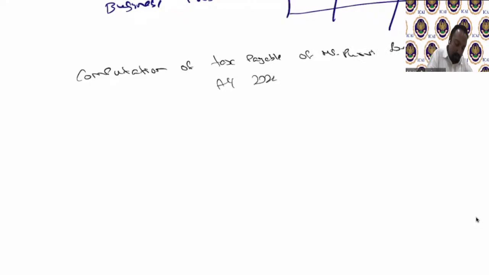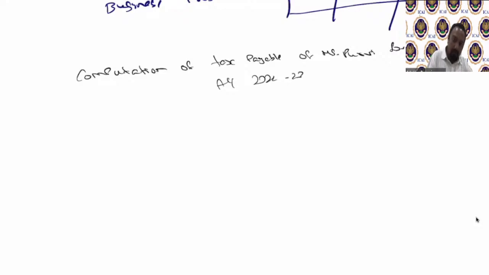So for calculating tax, we can say computation of tax payable of Miss Purvi for assessment year 22-23.